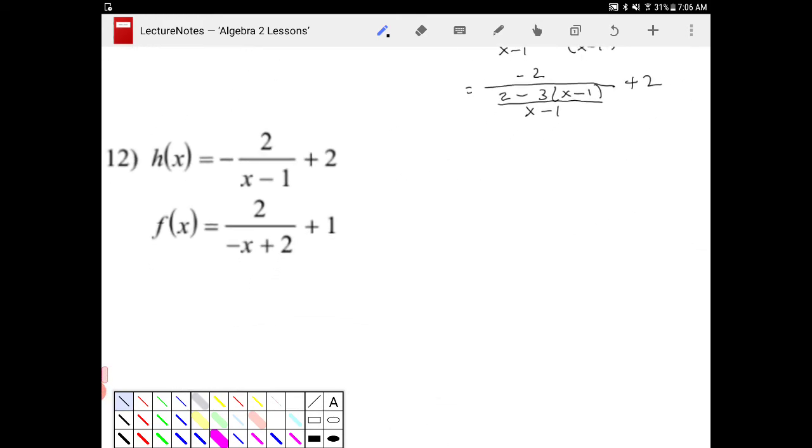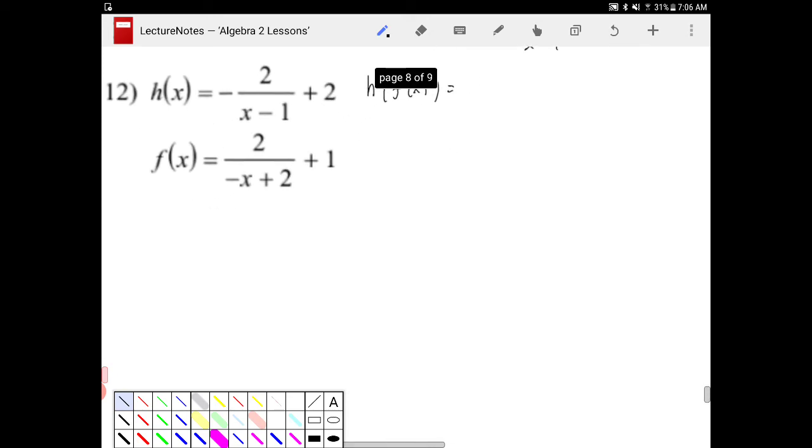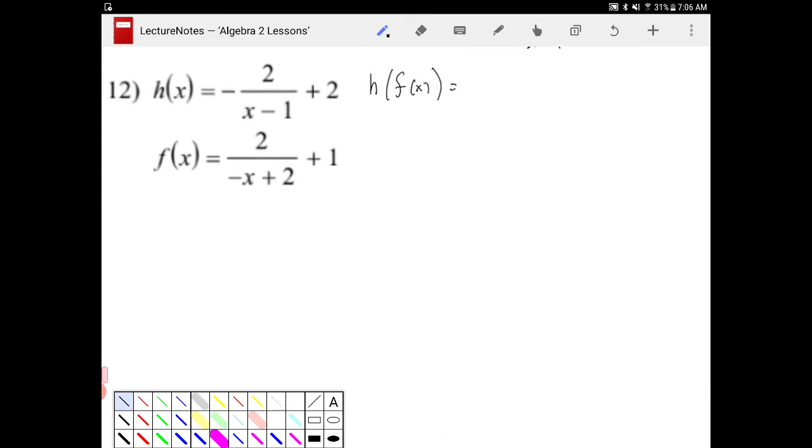Okay, so what we want to do, again, is h of f of x, and really it doesn't matter how we enter it. So this is negative 2 over x minus 1. So it's 2 over negative x plus 2 plus 1 minus 1 plus 2.